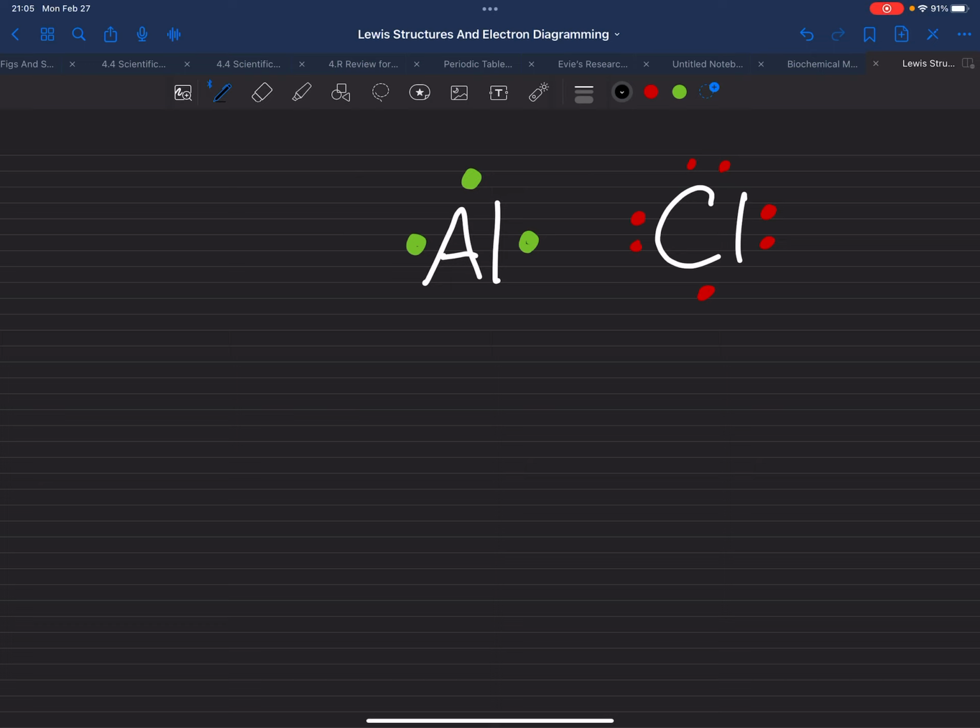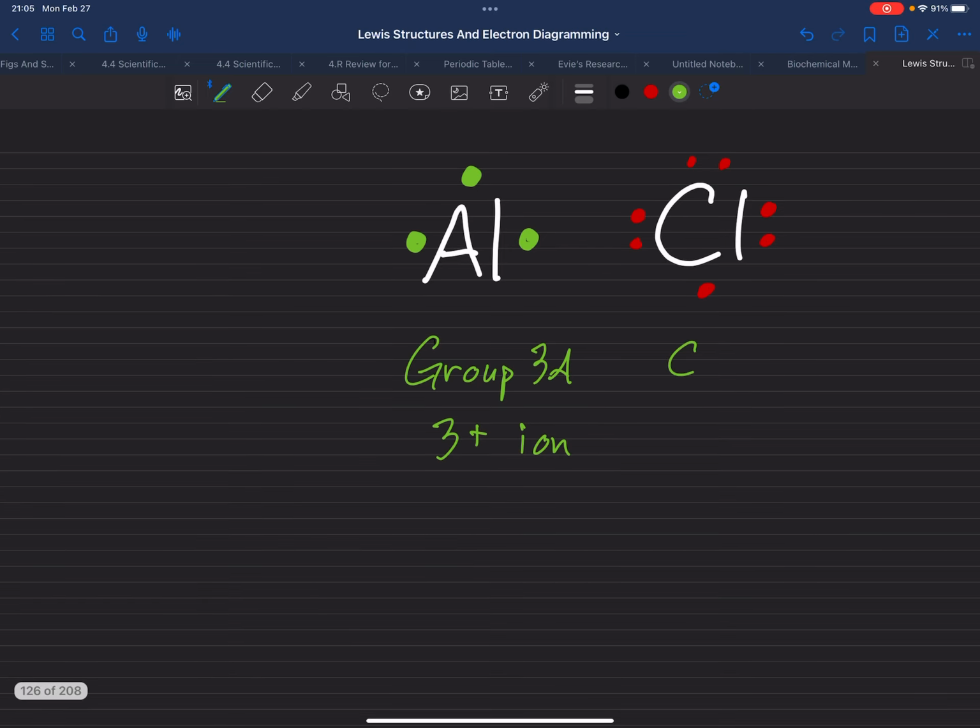So aluminum, if you look at a periodic table, aluminum is in group 3A. What that means for us is since it's in group 3A, it's going to form a 3+ charge ion. And chloride, which is in group 7A, it's going to form a 1- ion.